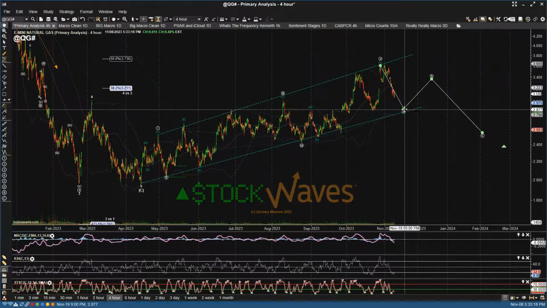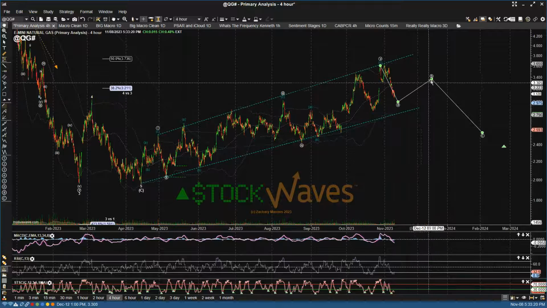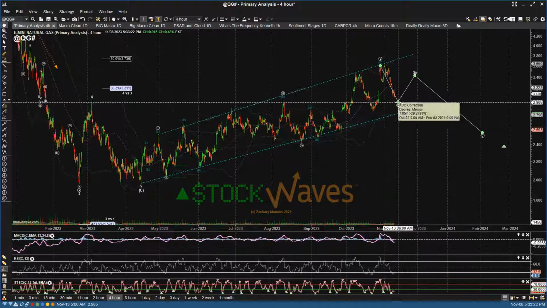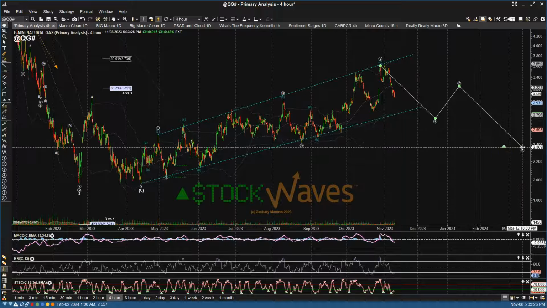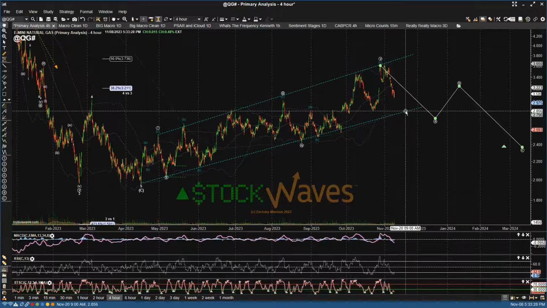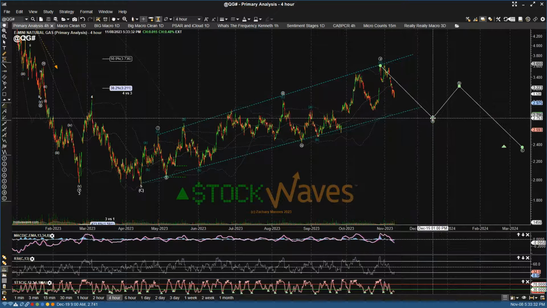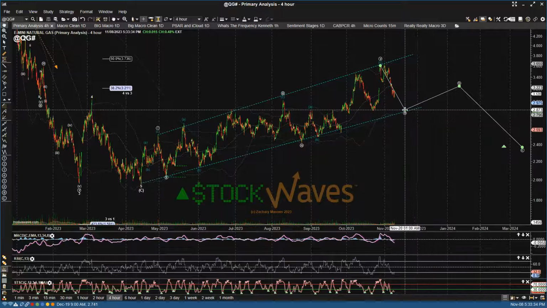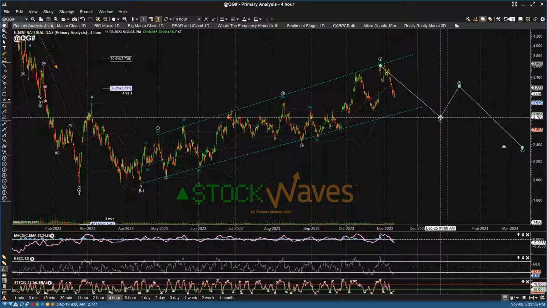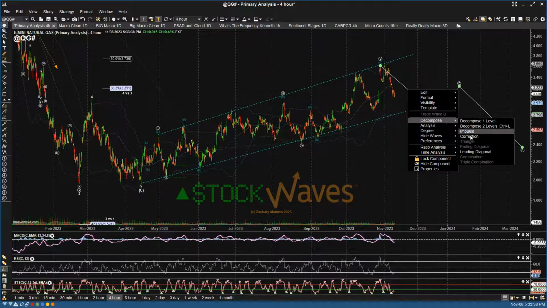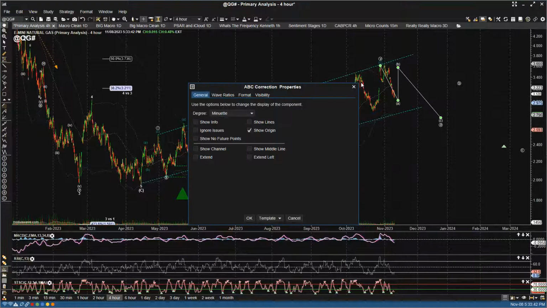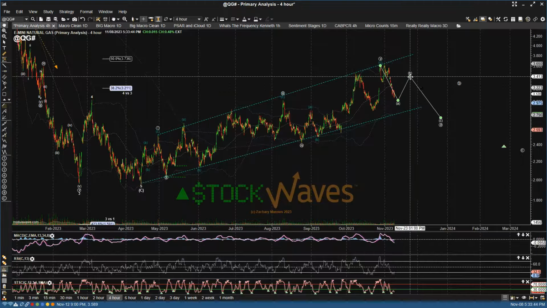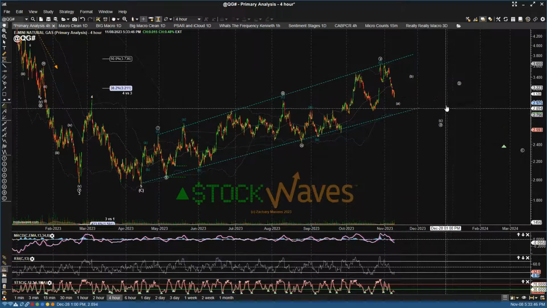If this really stops right here and bounces, then I think this might be only an A, B inside a bigger ABC move. So if it stretches down a little bit more into the 280s, then I'm more inclined to move this A wave over and just give it a smaller initial A wave. But probably, especially if it's going to bounce sooner here, I'd be looking at this more like this.